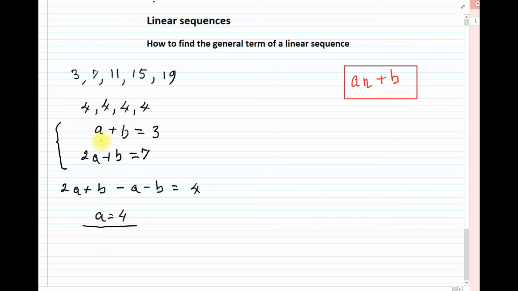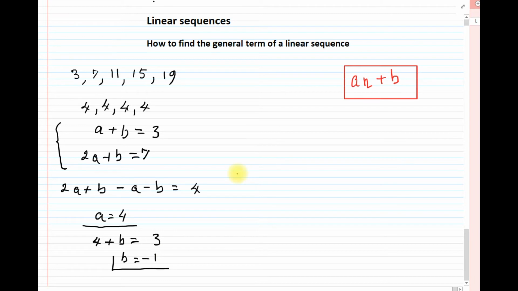If I substitute it in any of these two equations, I'll put it in the first one. So I have a plus b is equal to 3. So I substitute 4 for a, I get 4 plus b is equal to 3, which gives me b is equal to minus 1.